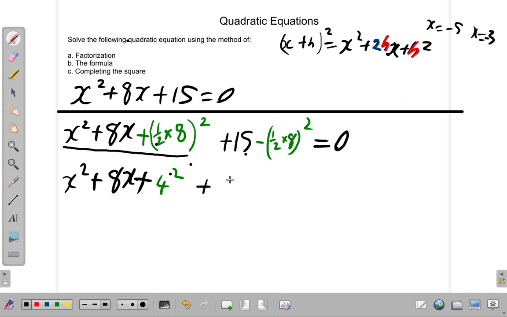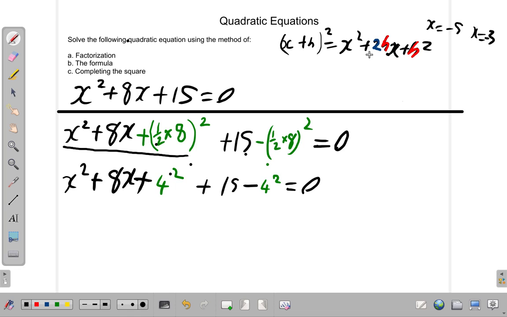Now plus 15 minus half of 8 is 4, 4 squared, equals 0. Now, this part here, the x squared plus 8x plus 4 squared. Look at this up here.